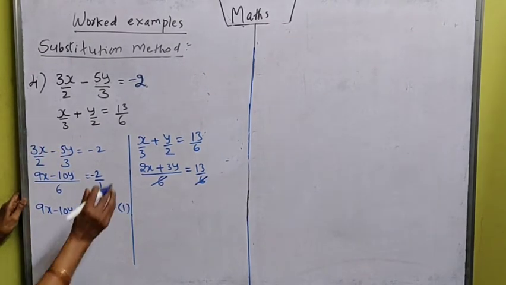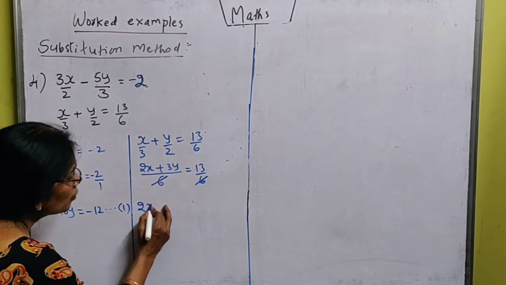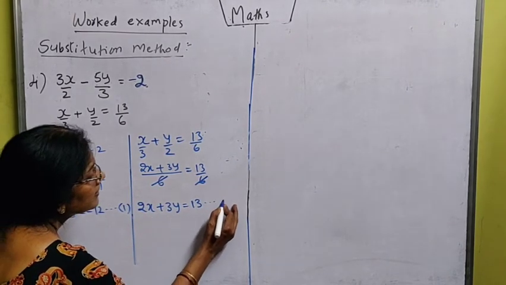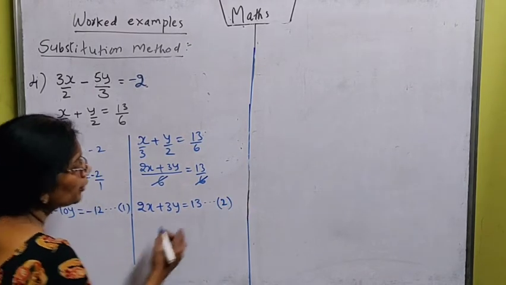So 2x + 3y = 13. This is your equation number 2.